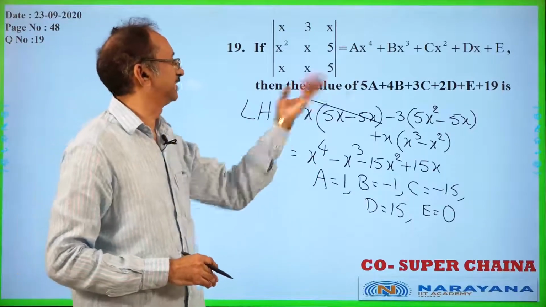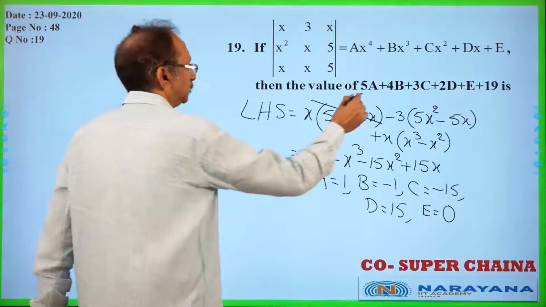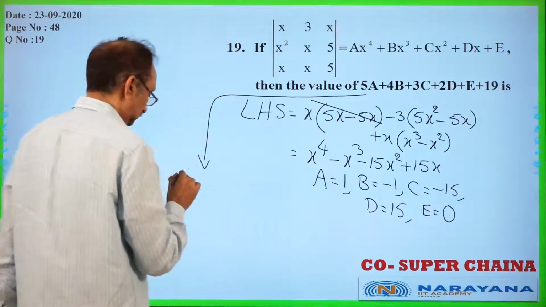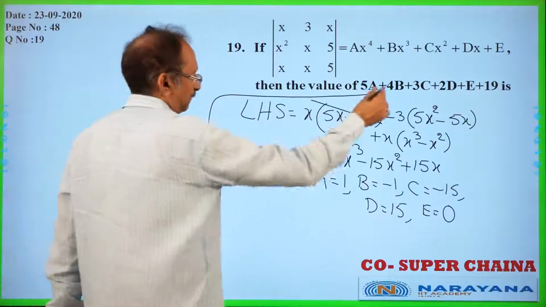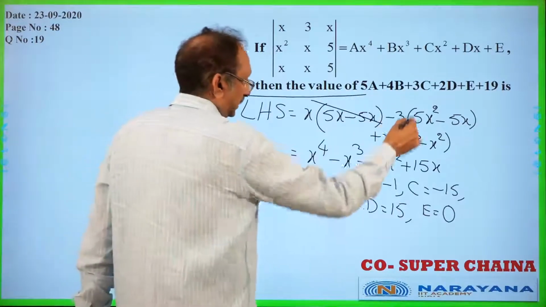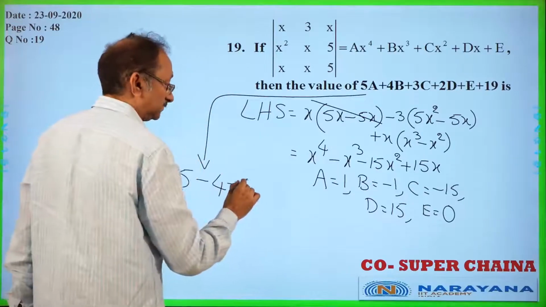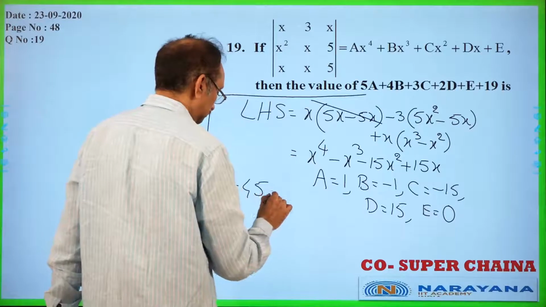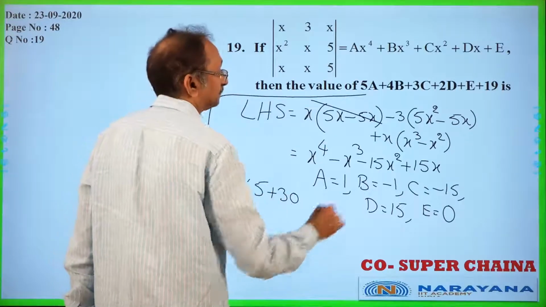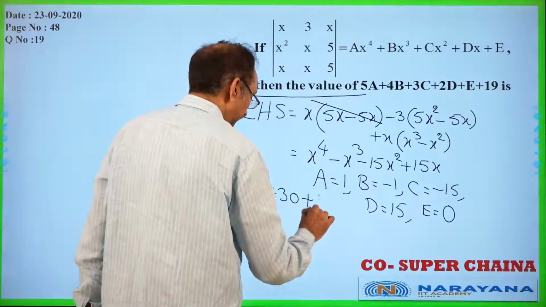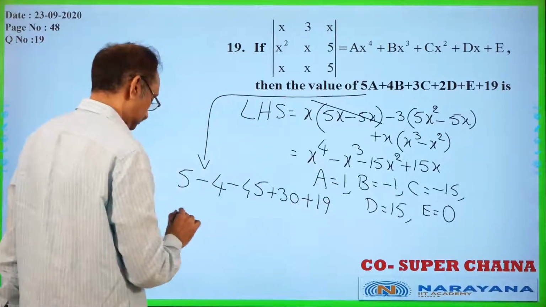And it is easy to find this value. So what is the value of this? 5A, that is 5. 4B, that is minus 4. 3C, that is minus 45. 2D is 30, plus E is 0, plus 19.